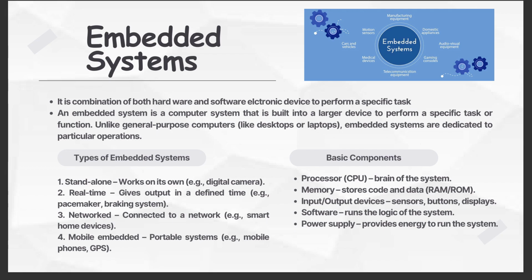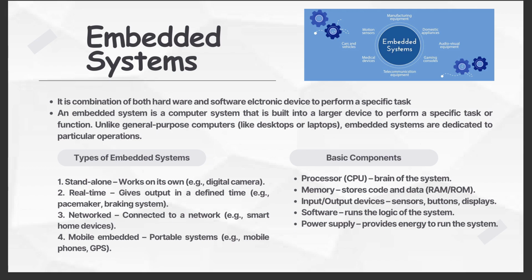They come in many types: standalone systems such as calculators, real time systems where the timing is critical, like ABS in vehicles, network embedded systems like home automation using IoT, and mobile embedded systems like wearable fitness trackers.